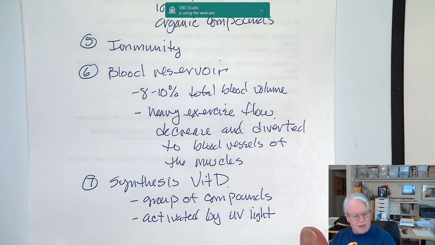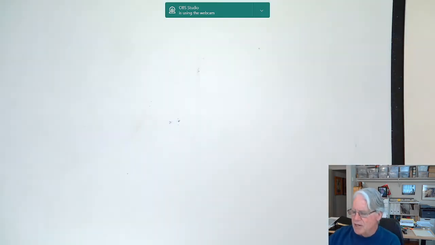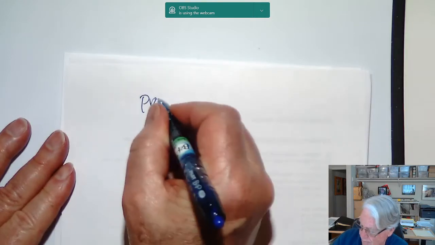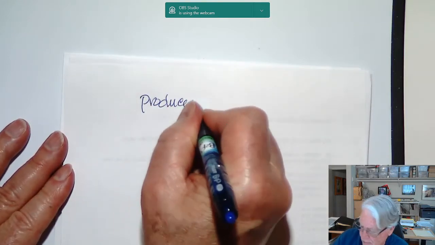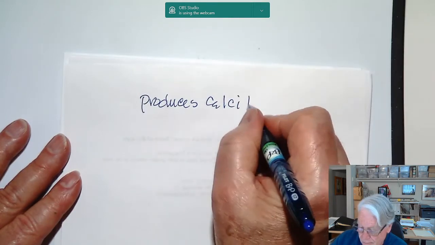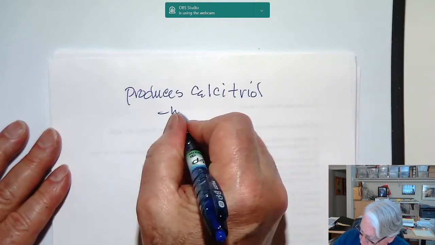To carry that conversation forward a little bit, the skin also produces calcitriol, which is a hormone.